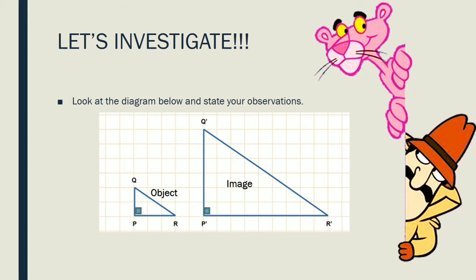Yes, they are. What else did you notice? You should also have observed that the ratio of PQ to QR on both triangles are the same. This means that the triangles are similar.